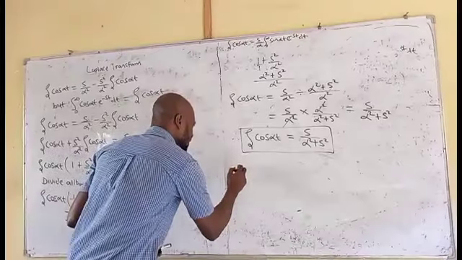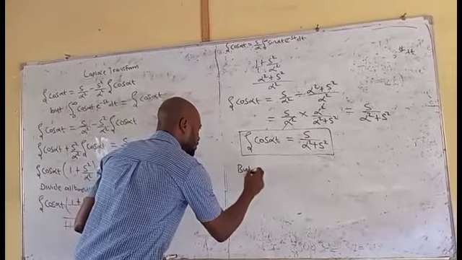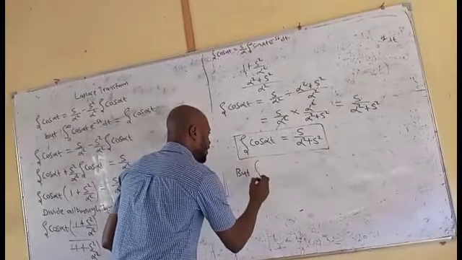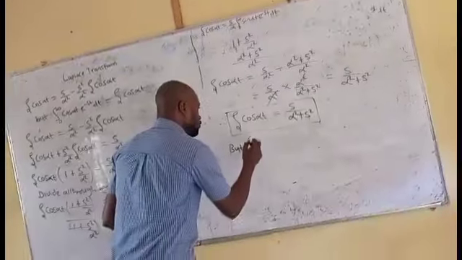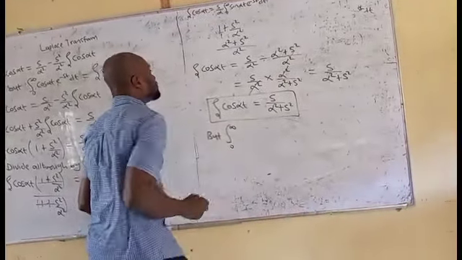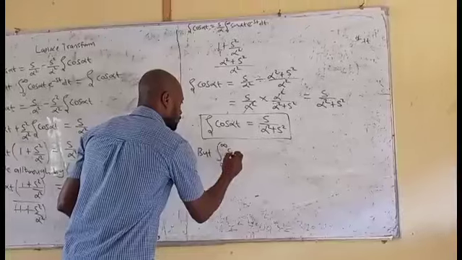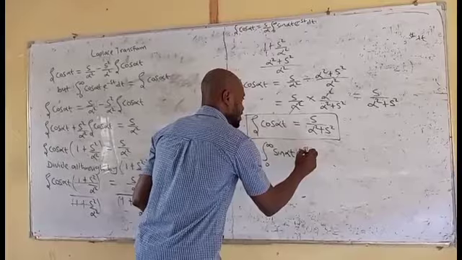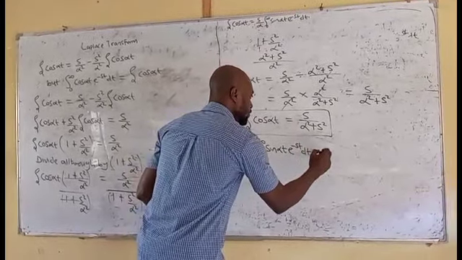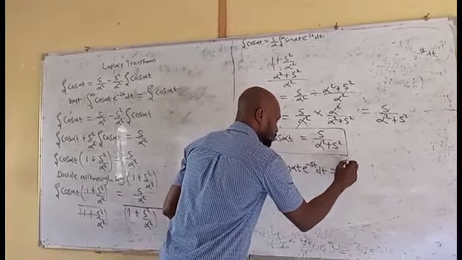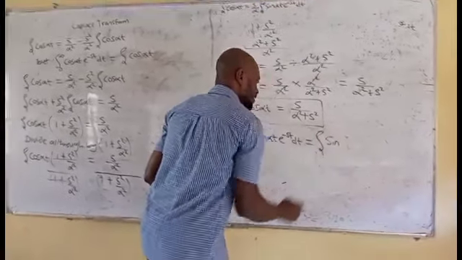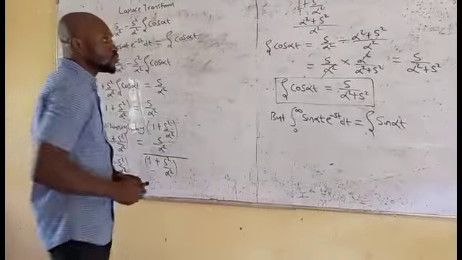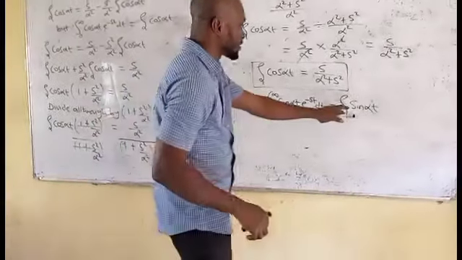But we know that the integral from 0 to infinity of sine alpha t multiplied by exponential minus st dt will give you the Laplace transformation of sine alpha t.